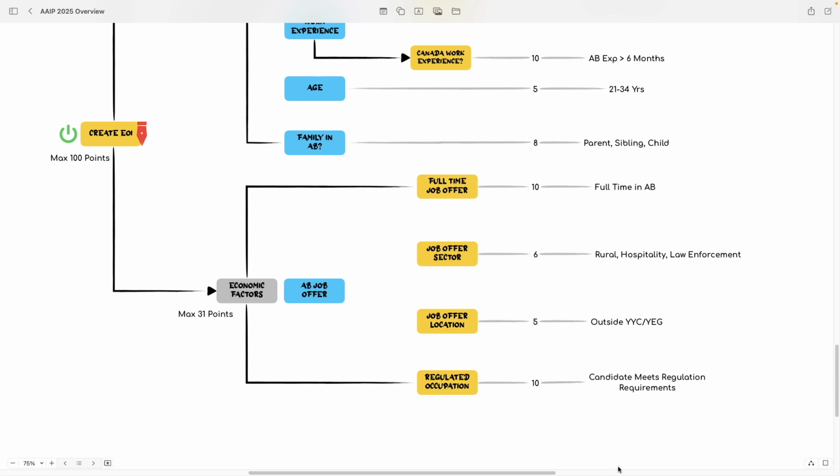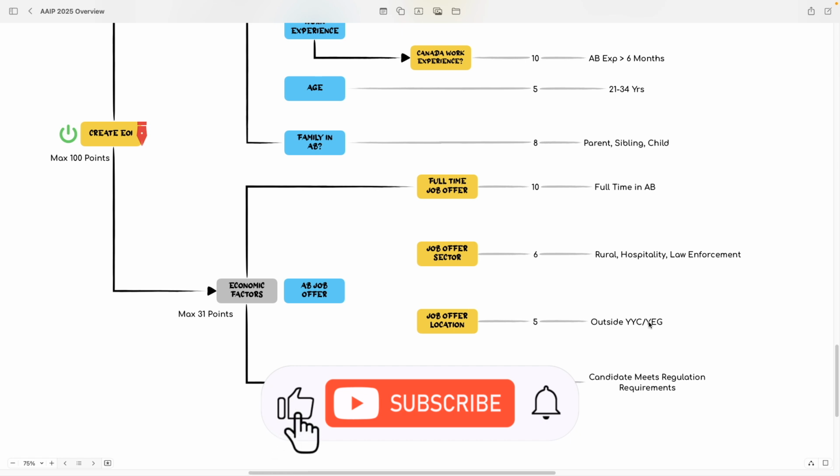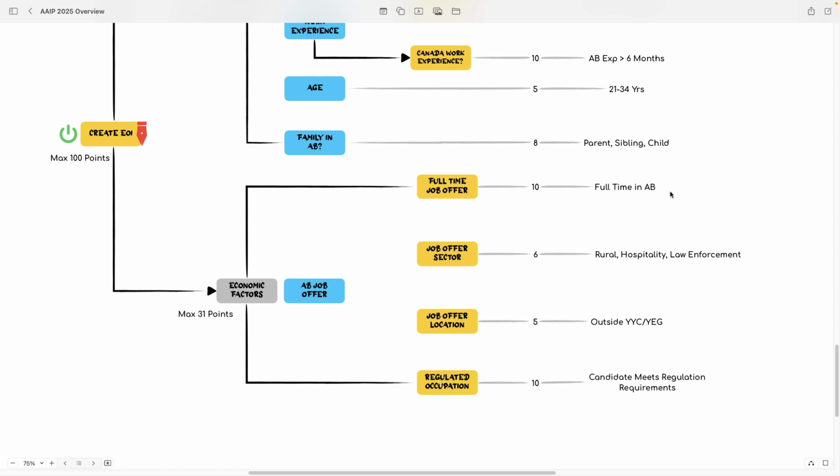So 31 points easily. But again, if you say got a job offer to work as a software engineer in Calgary, then you get 10 points. That's it. Because you are not regulated, your location is not outside Calgary or Edmonton, and you're not in any of these sectors.